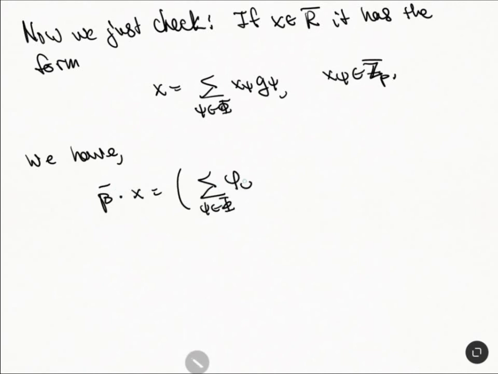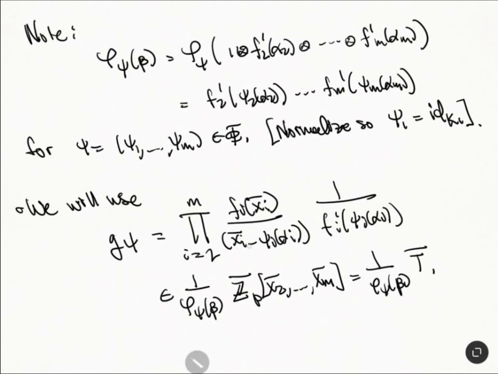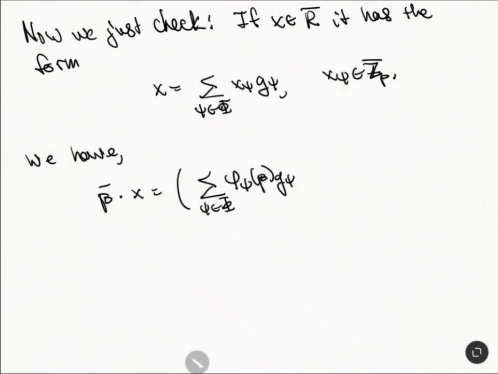So this is here, beta g_psi. Maybe I should go back and stop for a second and say this is exactly where we're using that the embeddings are normalized, to get this whole thing to work. Now this is going to be the sum, and we'll write it like so, x_c g_c.